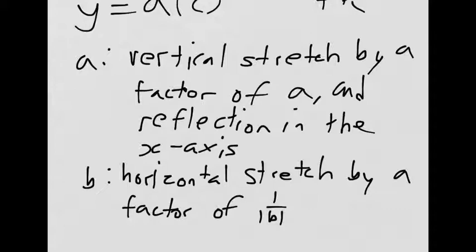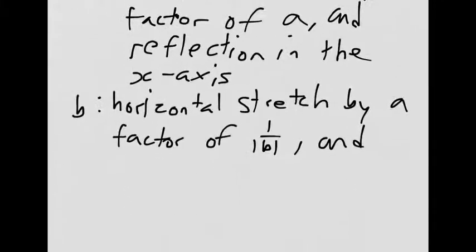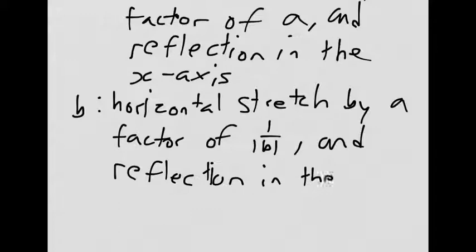All that means is you just ignore the sign of that b when you're determining the horizontal stretch. Okay, it doesn't matter. And it also does one other thing. Reflection in the y-axis.